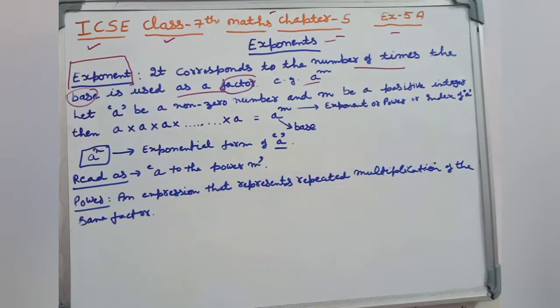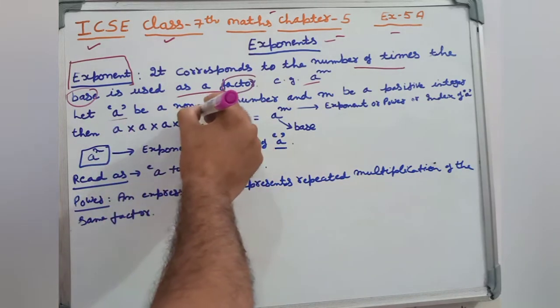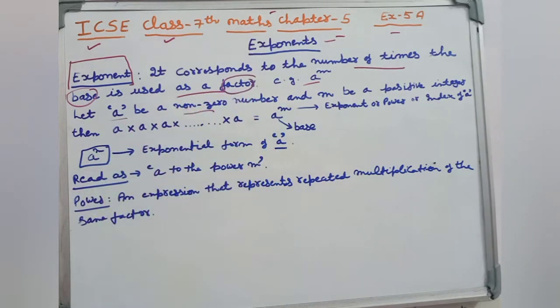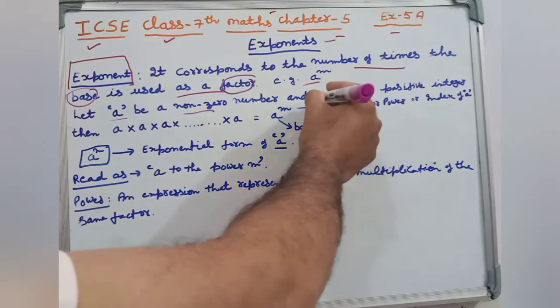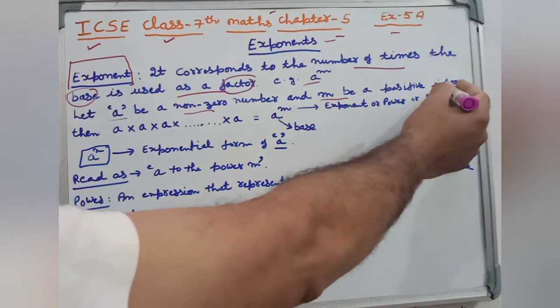So if we assume that a is a non-zero number and m is a positive integer. Integers you have done earlier, all the numbers, natural and whole numbers beginning from zero, positive and negative, become the integers.